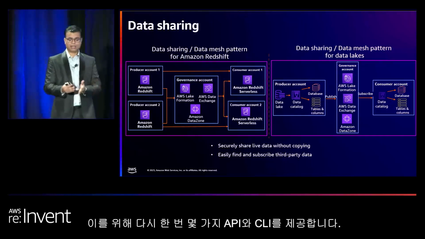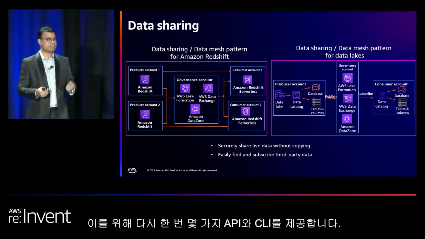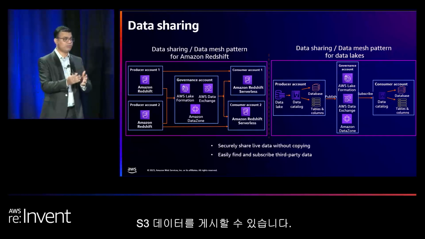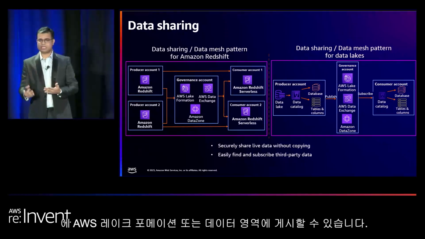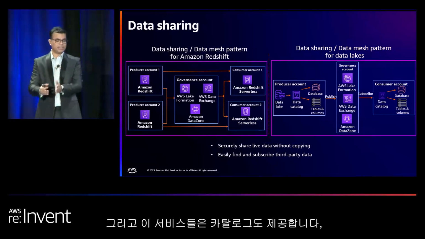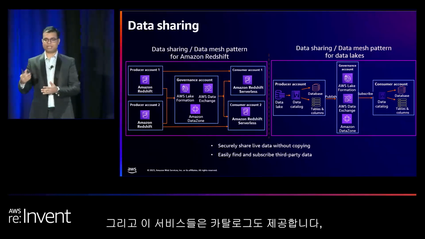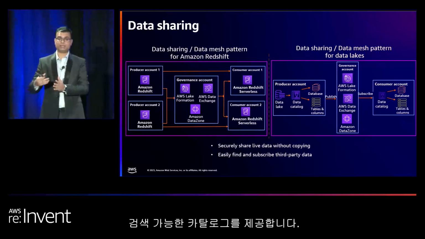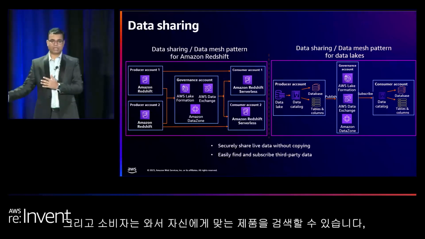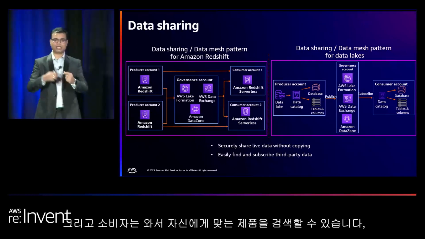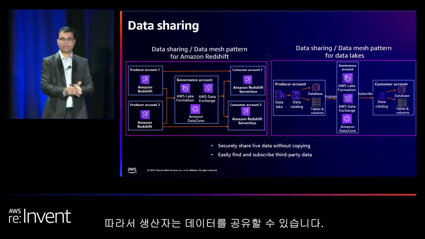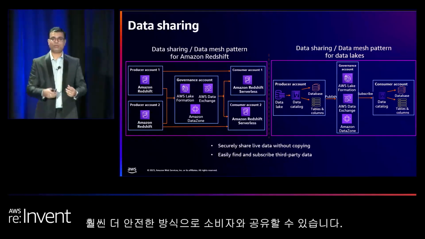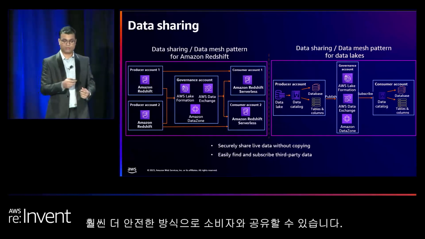For that, we provide APIs and CLIs so that you can publish your S3 data into either AWS Lake Formation or DataZone. These services also provide a searchable catalog, and consumers can come and search for the right product and then subscribe to that data. So the producer will be able to share the data with the consumer in a much more secure manner.